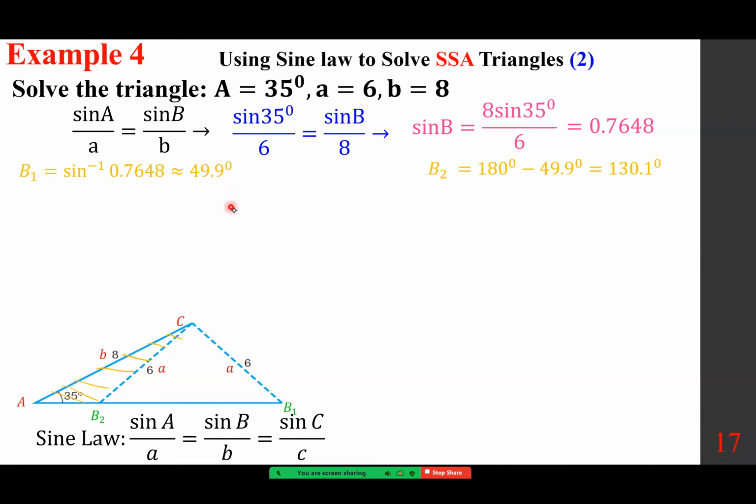By the way, we can call this A, B1, B2, C. And notice B1 is 49.9, whereas B2 is obtuse, larger than 90, less than 180. B2 is this one.